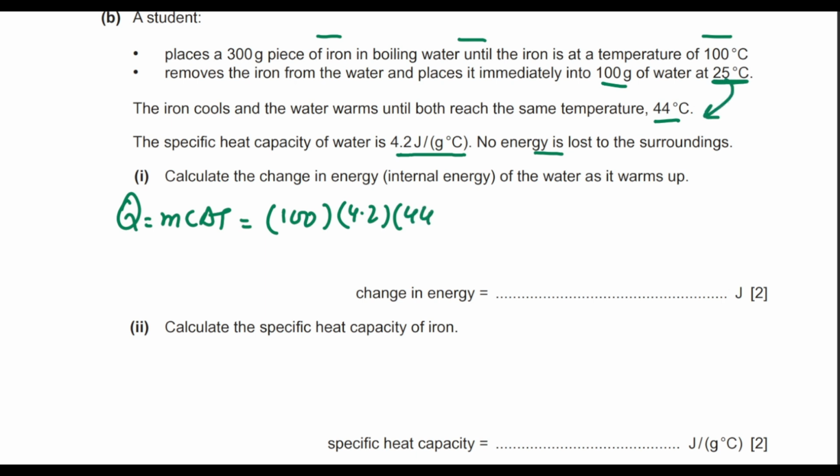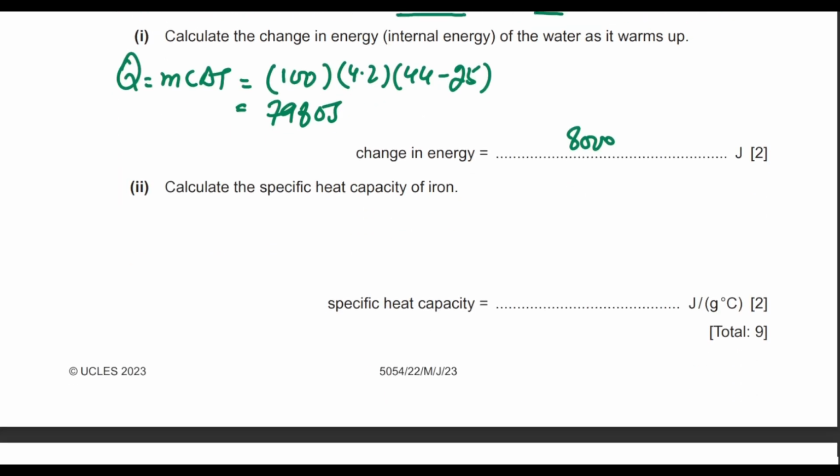So this will be 44 minus 25, right? So the final answer comes out as 7980 joules, which will be rounded off to two significant figures as 8,000.